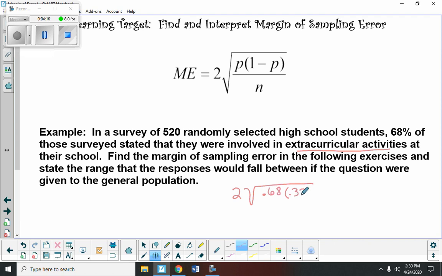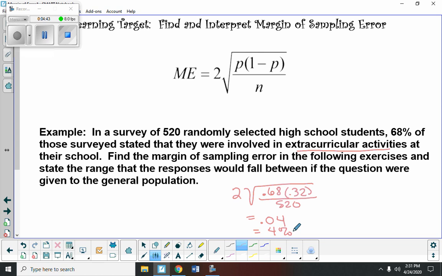I'm just going to work that out so there are fewer numbers underneath there. And then the number of students surveyed was 520. Let's put that in the calculator: 2 times the square root of 0.68 times 0.32 divided by 520 is 0.04, which is 4%. That's a pretty big margin of error, 4% either way.